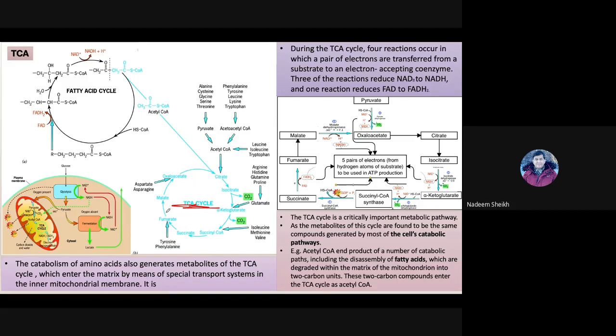TCA साइकिल में हमारे पास एसिटाइल कोएंजाइम ए फैट मेटाबॉलिज्म, फैटी एसिड से भी आता है. Then protein metabolism, if you look at alanine, cysteine, glycine, serine, threonine, these amino acids, when they are metabolized into pyruvate, it goes to acetyl coenzyme A. फिर एक और सेट है अमीनो एसिड का that is directly converted into acetoacetyl coenzyme A. Some amino acids cannot be converted into acetyl coenzyme A. They are converted into glutamate, and then this glutamate enters as alpha ketoglutarate.